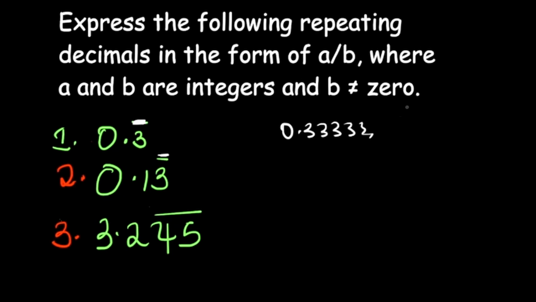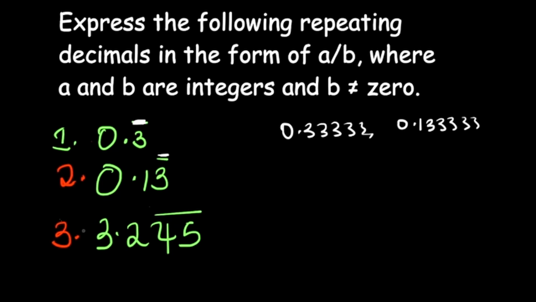It means that we have something like 0.13333333. So whichever one carries the bar is the one that is repeating. I repeat, wherever the bar is found, that number is the repeating decimal or the repeating number.